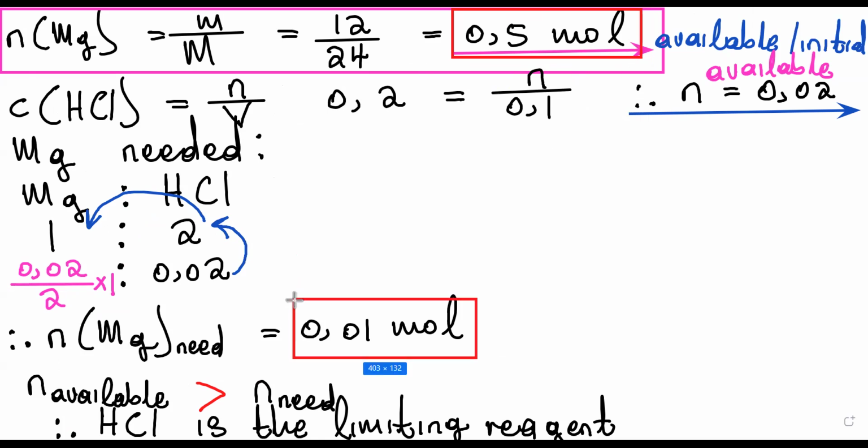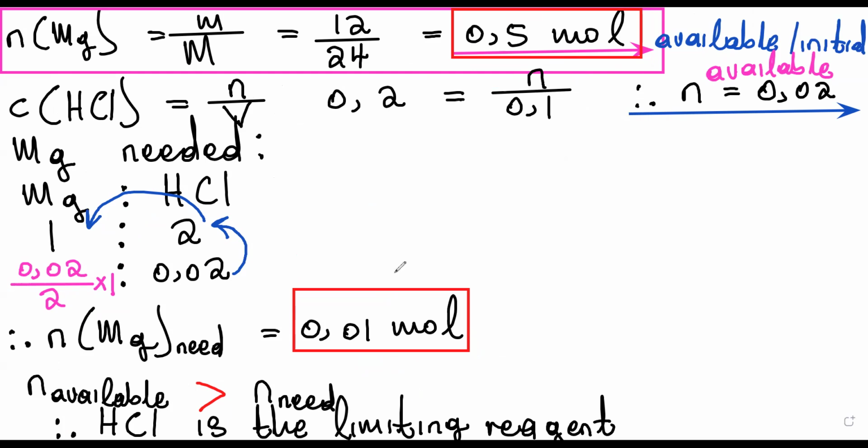We only need 0.01, which means at the end of the reaction we'll still have magnesium remaining in the reaction mixture. They want us to calculate the mass of this magnesium that will be left.